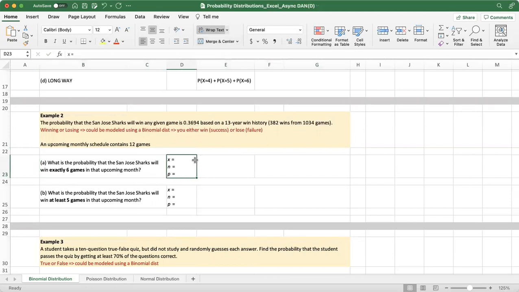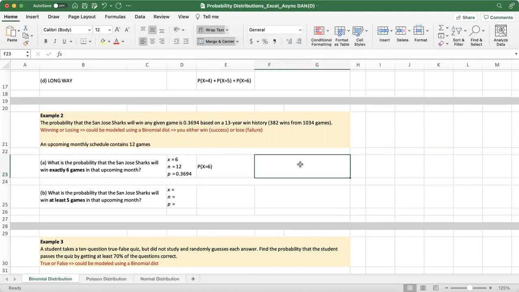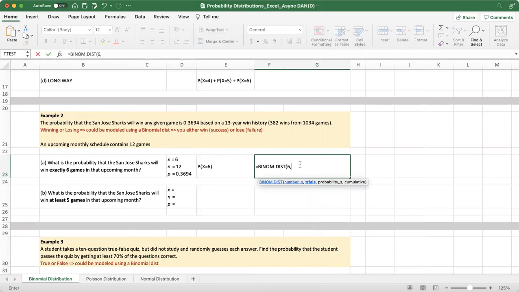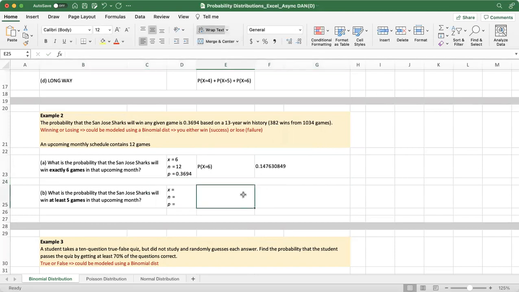So I want P of X being equal to 6. Here, this is nothing but binomial.dist, 6 successes in 12 games, 0.3694 is the probability of success in each game. I don't want the cumulative function, I want the probability mass function. That's the answer.